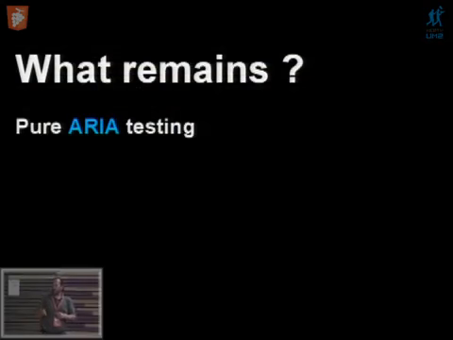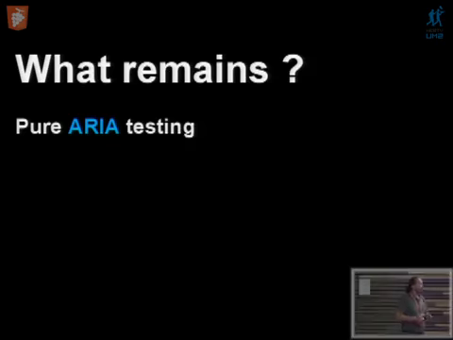And for that part of testing, what we call pure ARIA testing, you still have to do it manually today. Why? A few words about why we have to do it manually. Because ARIA is quite young. Actually, there are not many tutorials and documentation on ARIA.